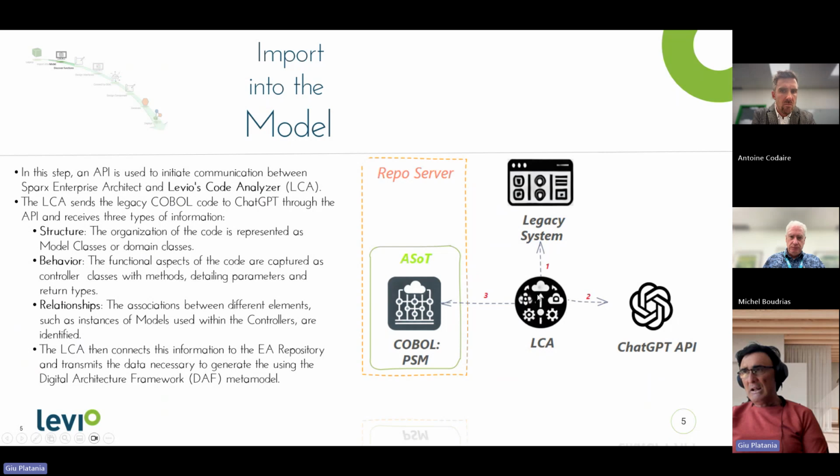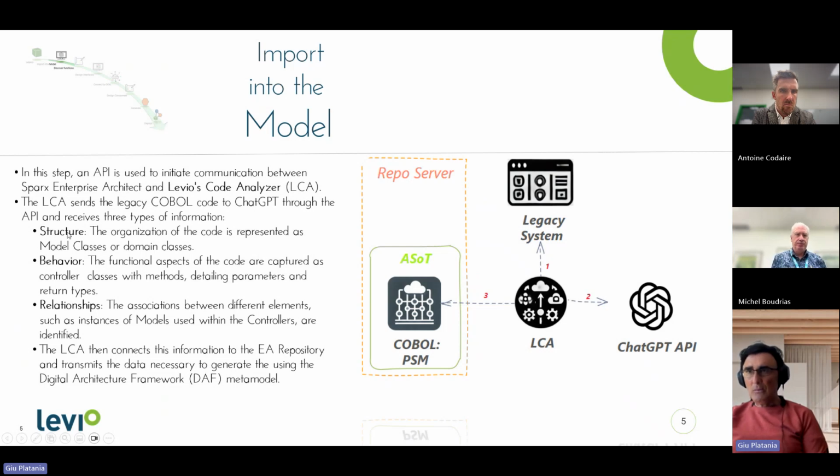So the Levio Code Analyzer will digest the legacy system, and part of this will be done with regular programming, trying to parse the legacy system. But especially for the business logic part of it, we send part of the code to ChatGPT by using the API, and we get back three different types of information.